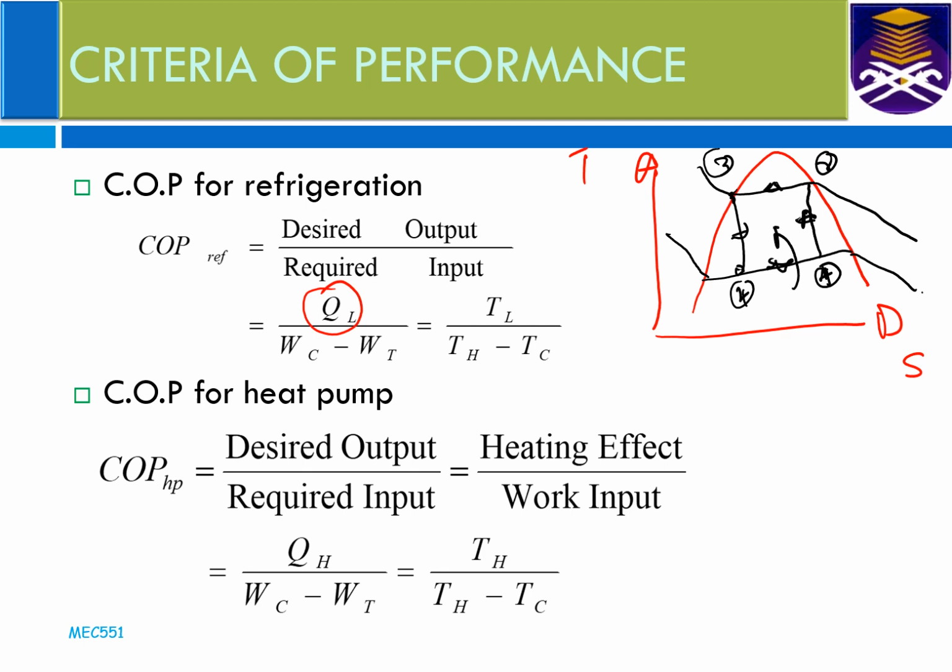Okay, so this is QL, and this is the rejection QH. So looking at this diagram, the QL can be simplified as TL, and the net work output WC minus WT as TH minus TC. Okay, so this is the TH and this is the TC.